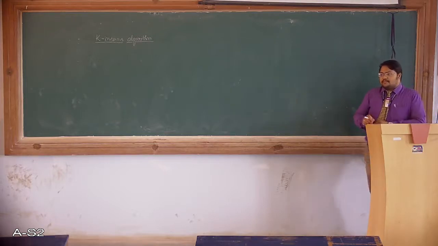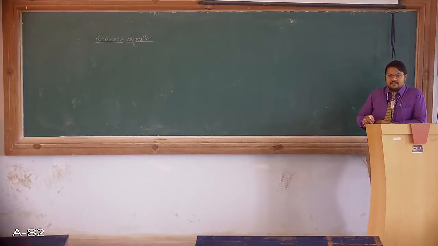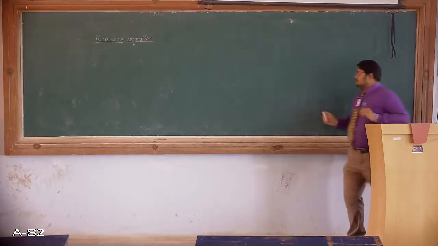For this k-means algorithm, we are making use of distance methods. In the last class also we mentioned these distance methods. We saw Manhattan distance, we saw Euclidean distance and all those things. So here for k-means we will be using the Euclidean distance method.